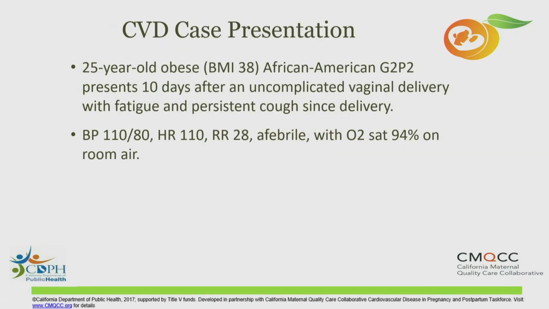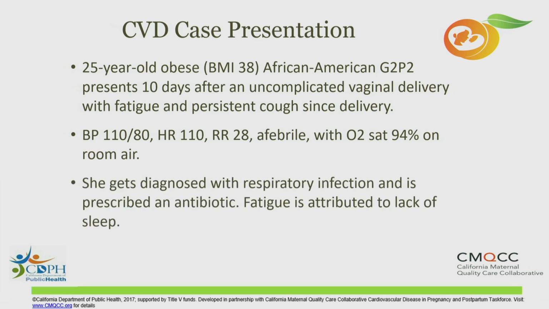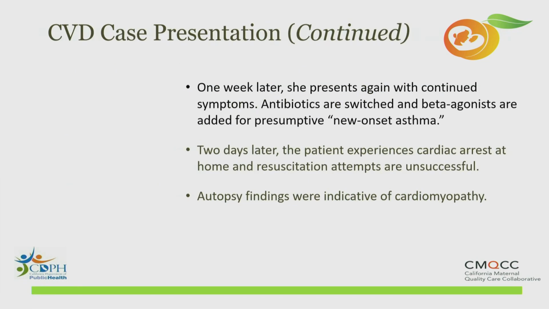You can see her vital signs here were 110/80, heart rate's 110, respiration's 28. She did not have a fever, she was afebrile, and her oxygen saturation was 94. She got diagnosed with a respiratory infection and was prescribed antibiotics. And really, the provider just let her know, I think the fatigue is really that you just had a baby, you haven't slept, so just kind of attributed that fatigue to lack of sleep.